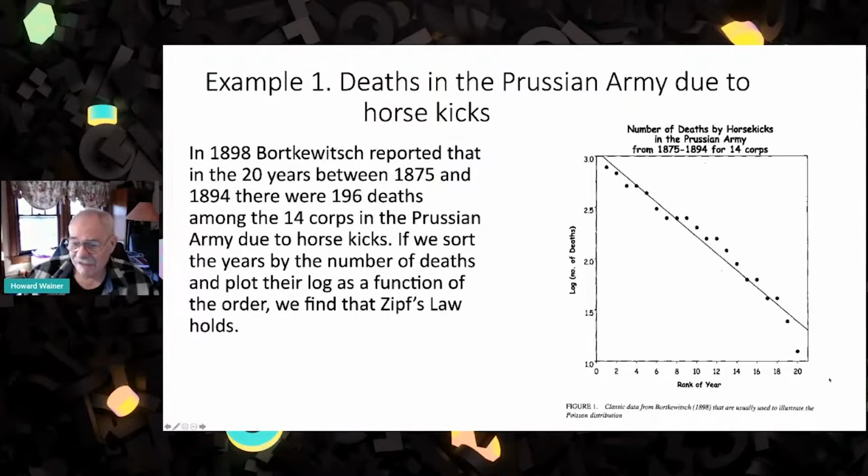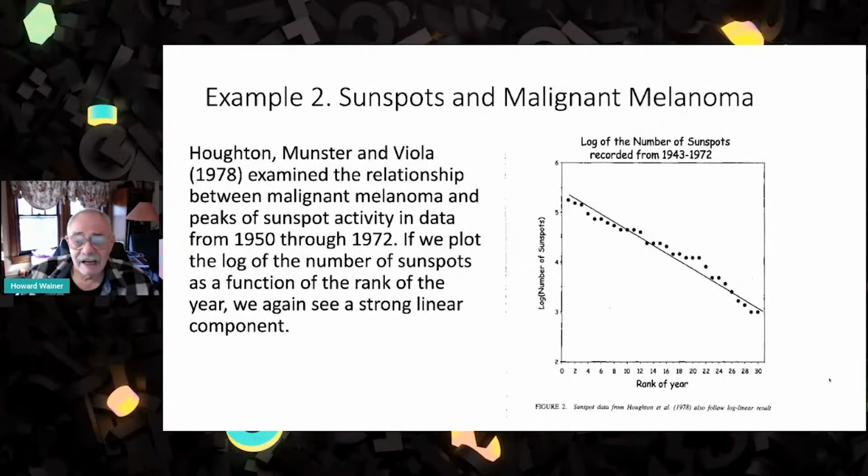And you can see it's basically linear. Who would have thought it? And then there was a paper that looked at the relationship between malignant melanomas and sunspot activity. And we discovered that sunspots also follow Zipf's law. That is, the year with the most sunspots is here, with the least sunspots is there. And this is the log of the number of sunspots, and it's dead linear.